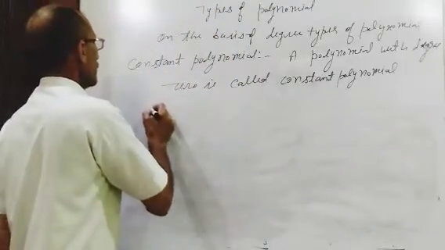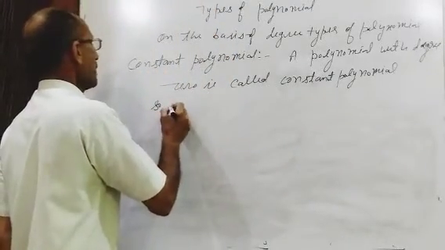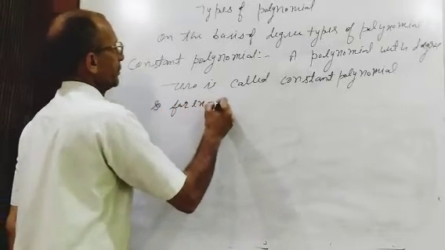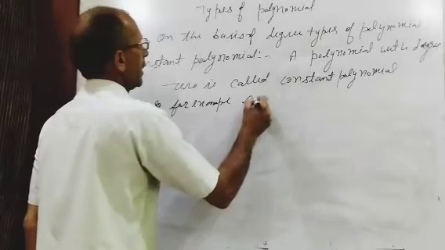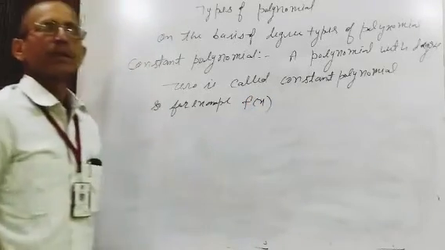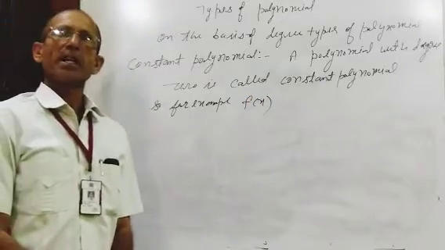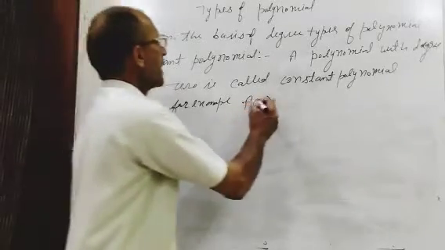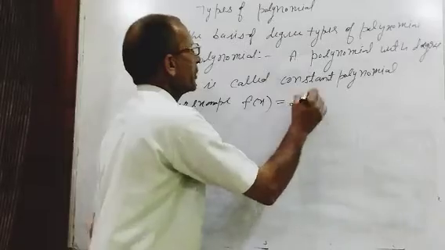For example, a polynomial is always denoted by f(x), g(x), r(x), d(x). So the polynomial f(x) is equal to 2.